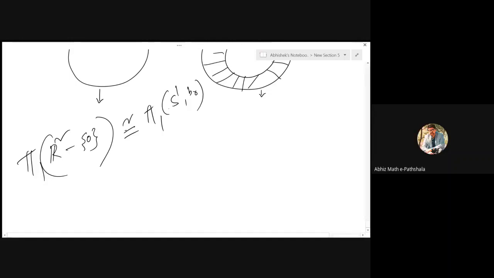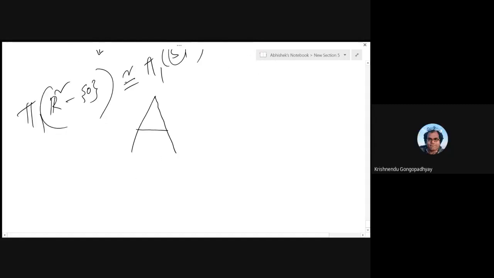So S1 will be the deformation retract of R2 minus. The deformation retract is like that. Just take one. I can simply tell you that just take one, let us say in A, and you take one fat A.